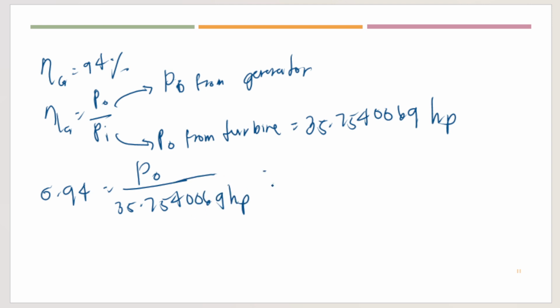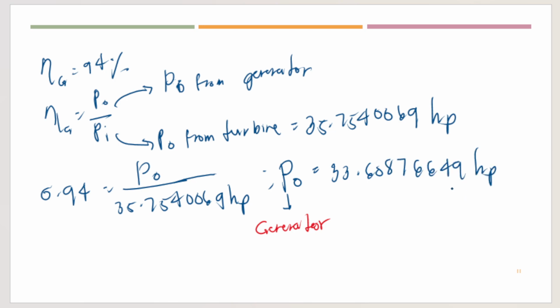So, our power output for the generator is equal to 33.60876649 horsepower.